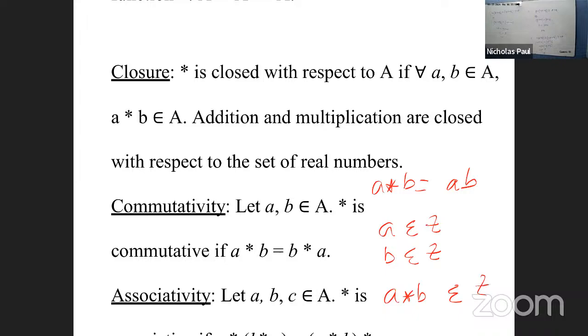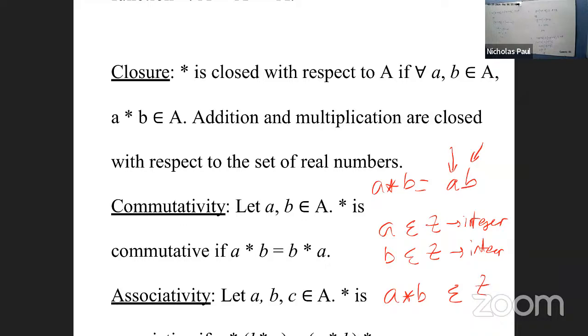So here's what you have to figure out. A is an integer, B is also an integer. So if I put an integer here and an integer here, and I multiply them, will I get back an integer? Sure, all the time?